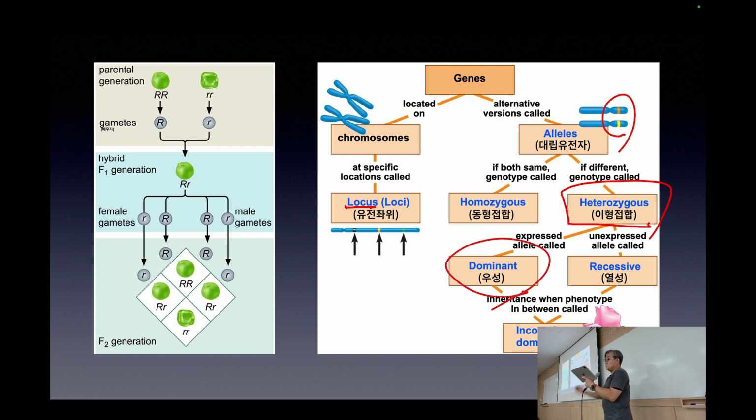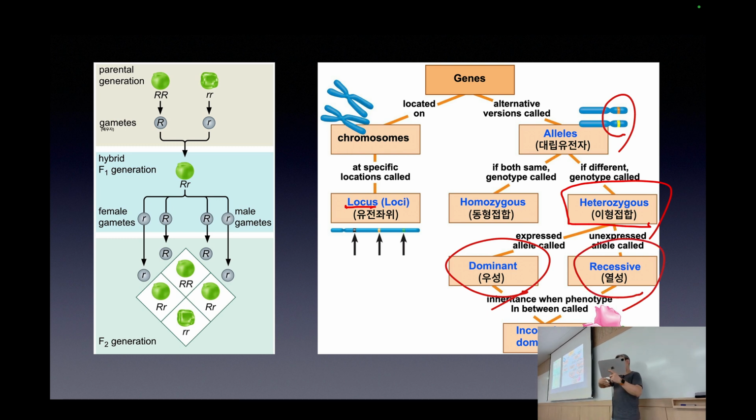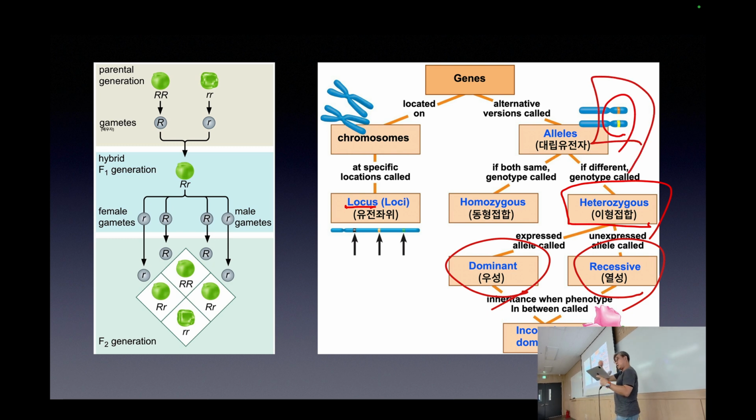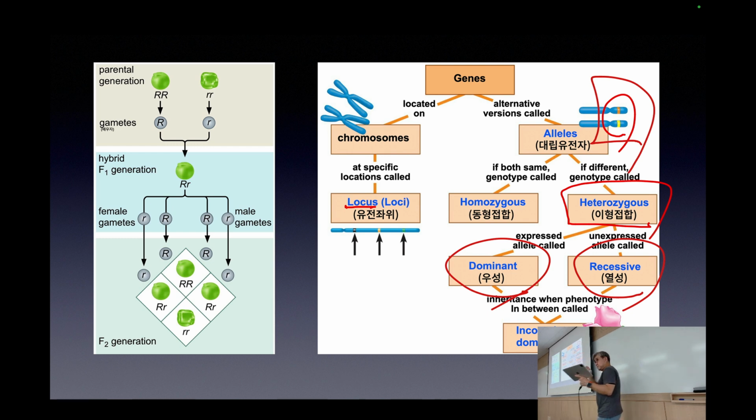The one that becomes expressed is dominant, and the one that remains silent, covered, not showing up, is recessive. So as an outside observer, we can observe only one dominant trait.